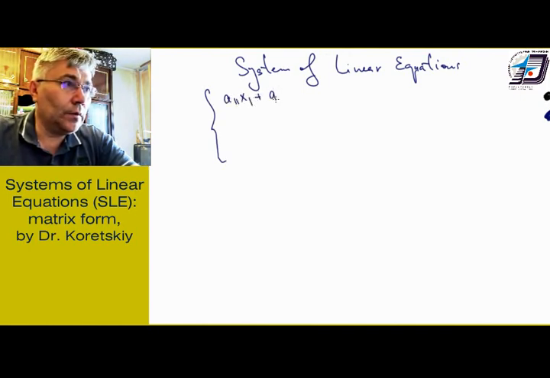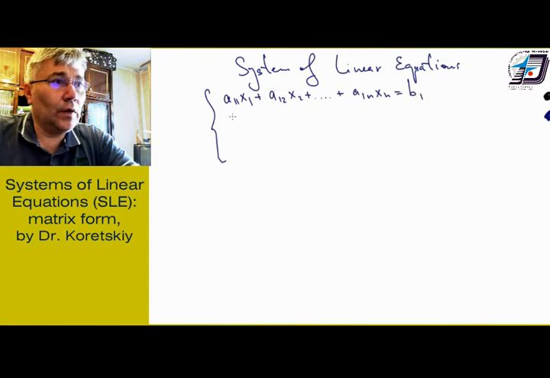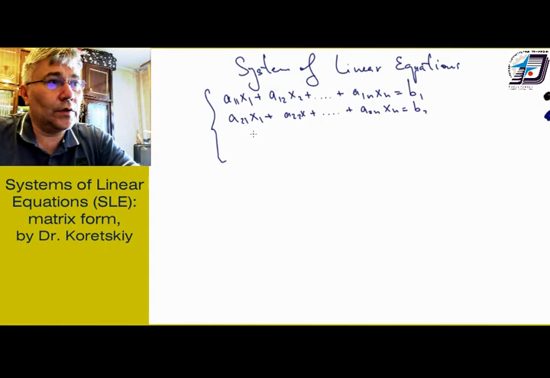A11 x1 plus A12 x2 plus, I skip all these terms, A1n xn equal B1. A21 x1 plus A22 x2 plus etc. A2n xn equal B2.